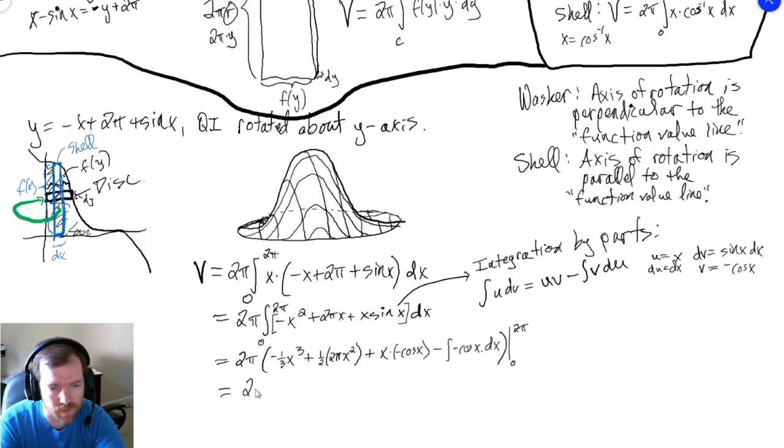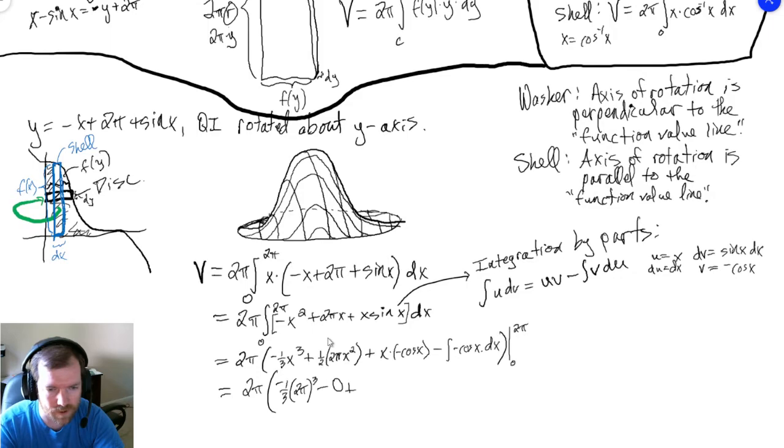It's going to be equal to 2 pi times the quantity. Alright, so if we plug in 2 pi here, we're going to get a negative 1/3 of 2 pi cubed minus, this is going to be a 0, right? Plug in 0 into x cubed, it's going to be 0, that whole term 0.